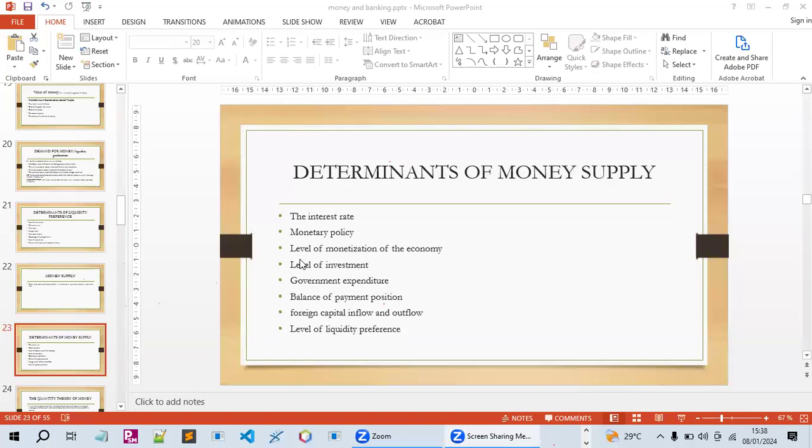We should never use anything like increase or decrease. Am I clear? Because that will cost you marks. We only use increase or decrease when the question is asking for change or the question has increase or decrease in it. But other than that, if it's factors to determine or influence, we use high and low.